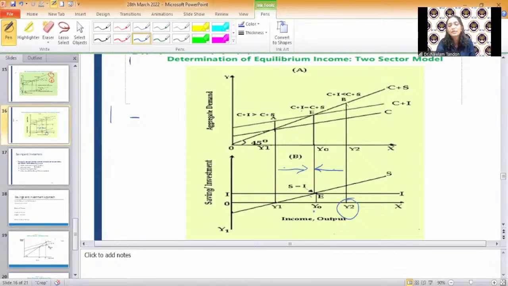So obviously, Y0 is at a higher level as compared to Y1. And as you move to Y2, in that case, savings are more, but investments are same. So savings increases means consumption overall in the economy will reduce, inventories will increase. This is the simple logic which you have to understand.